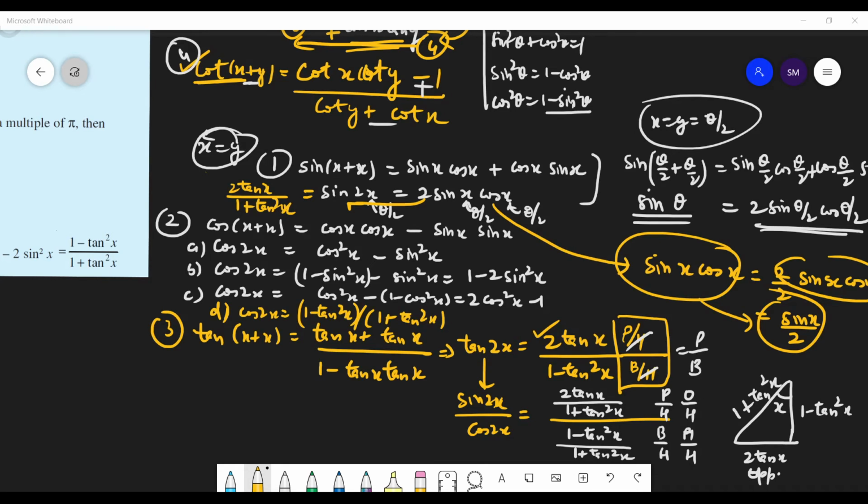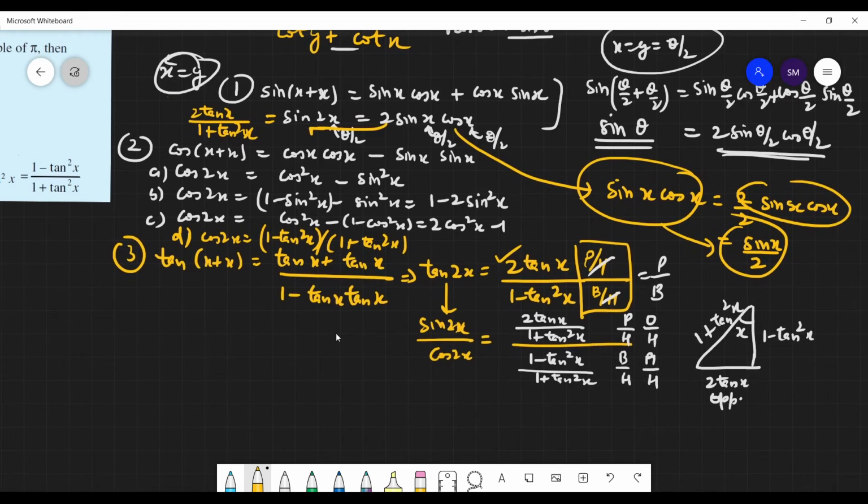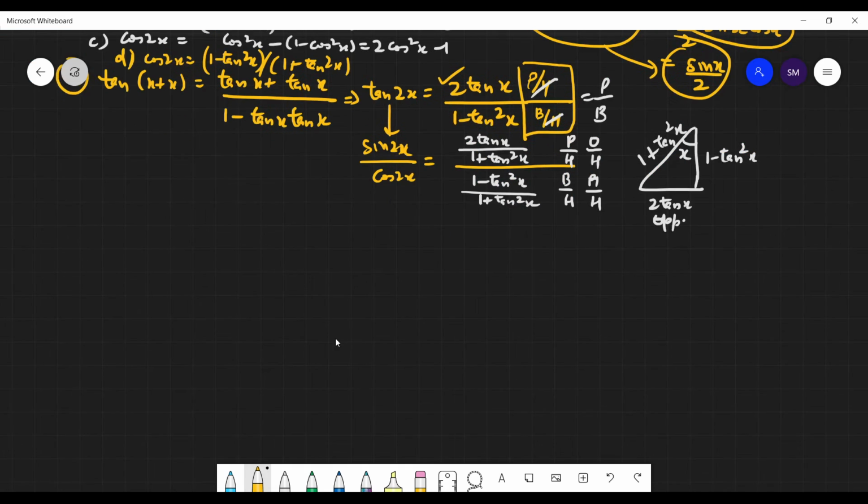Similarly, 3x can also be written like this. Now 3x you can also write as x plus 2x, right? Now let us see, there are these two types of formulas remaining.